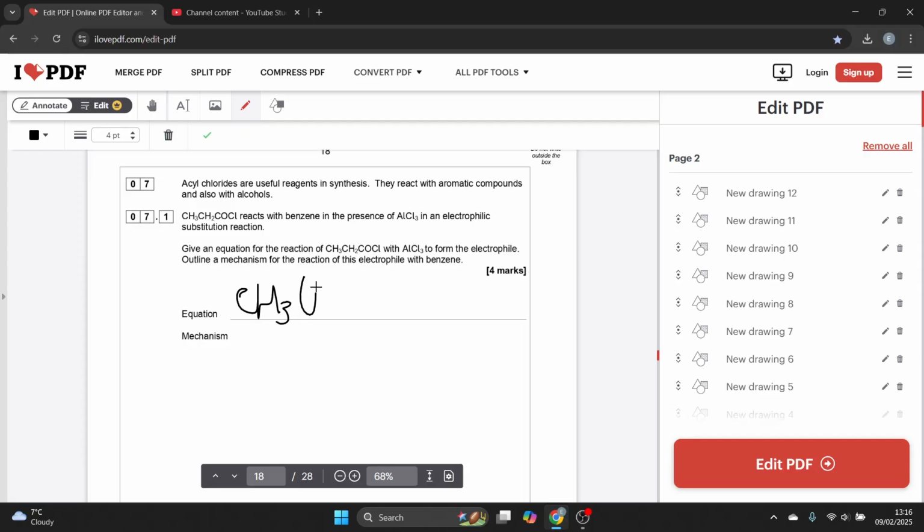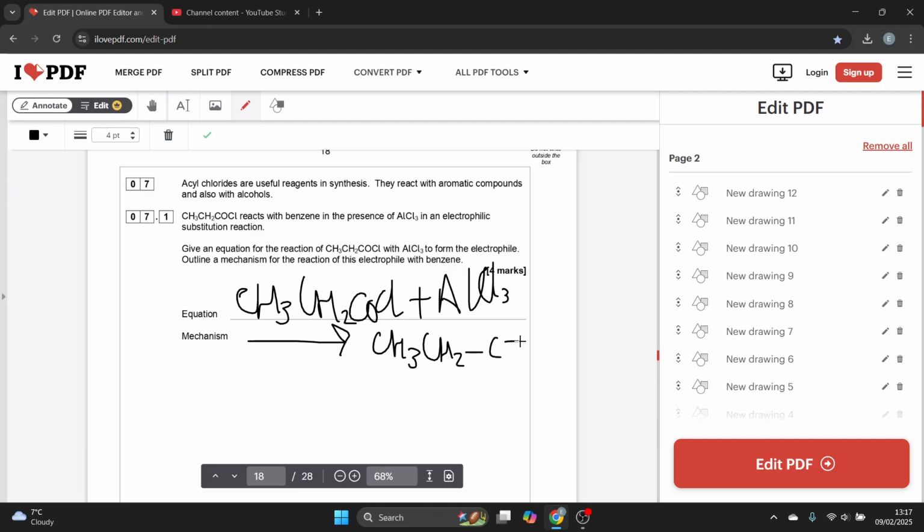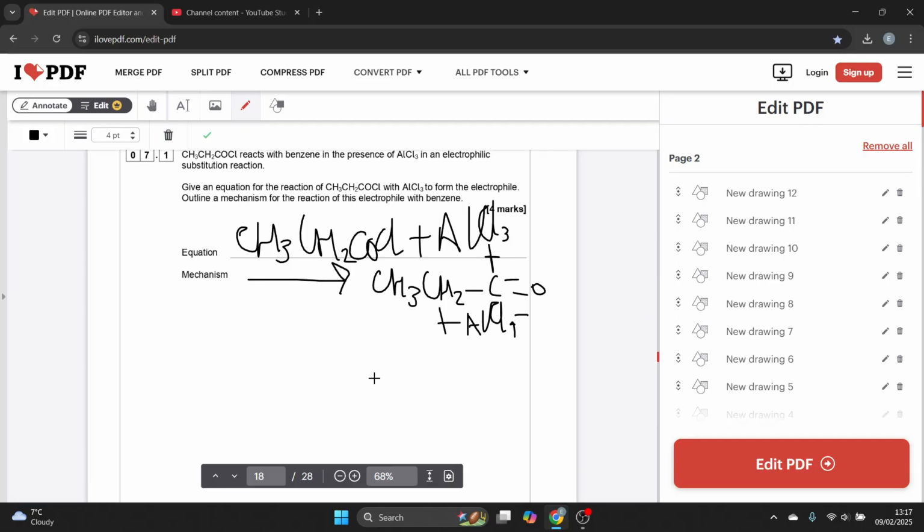CH3CH2COCl plus AlCl3 to form CH3CH2C double bond O carbon positive charge plus AlCl4 minus.